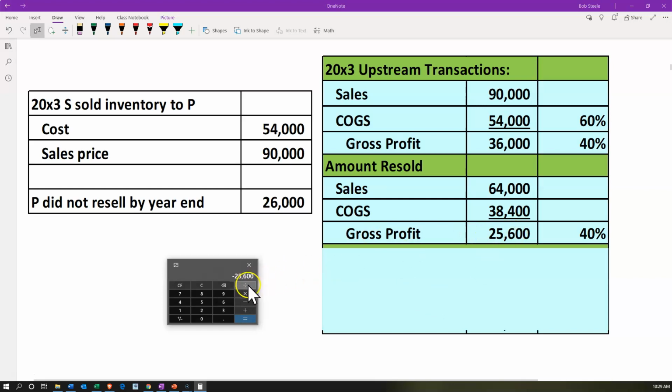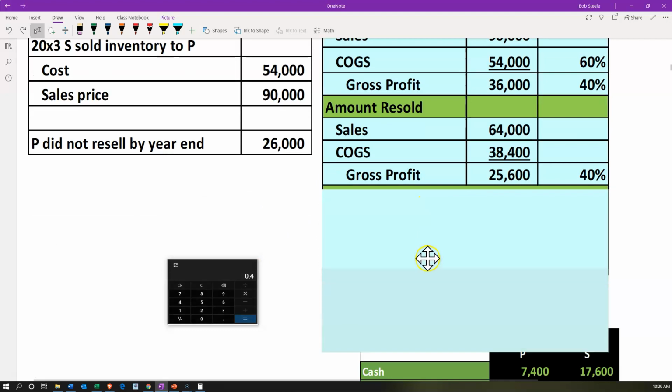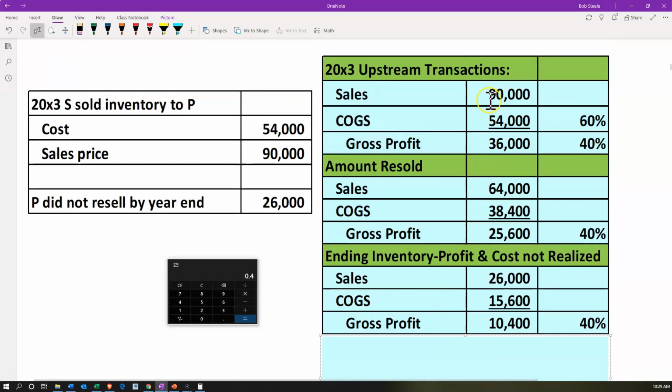Then I can double check the gross profit percent by multiplying that times 0.4 or 40%. I'm sorry, that's not how you do it. You take the 25,600 divided by the 64,000 to get the 0.4. So the amount that's still left in ending inventory is going to be the 90,000 minus the 64,000, or the 26,000. Yes, that's the same 26,000 here, which we could have done first and then backed into this number if you want to do that.